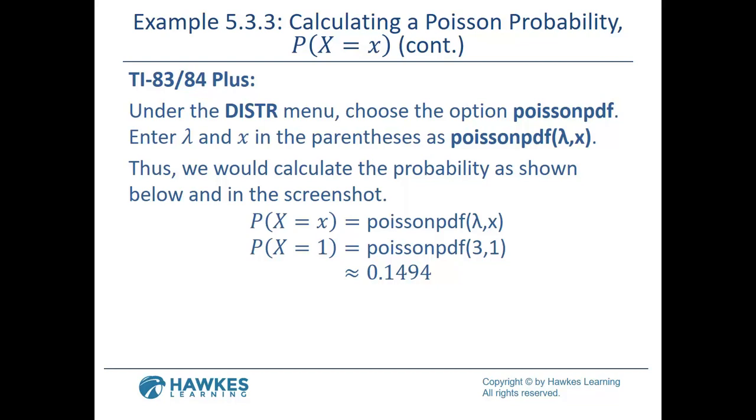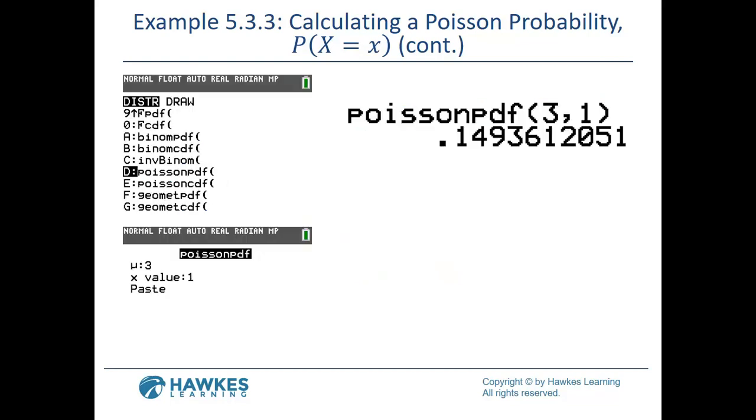It's just exactly that number. So you're going to hit second vars, go to that beautiful distribution menu, and scroll until you see Poisson PDF. There is a Poisson CDF, we'll get to that. The PDF is exactly to the point.